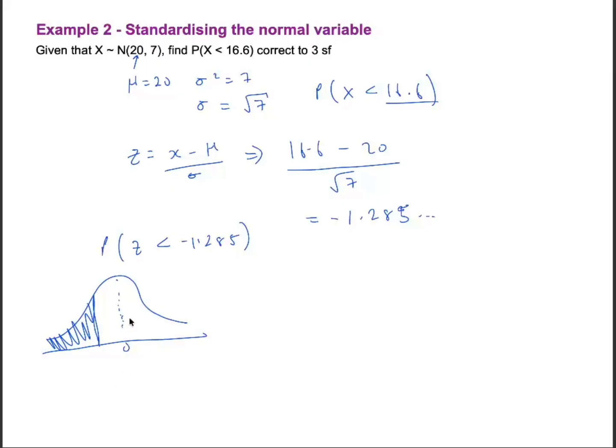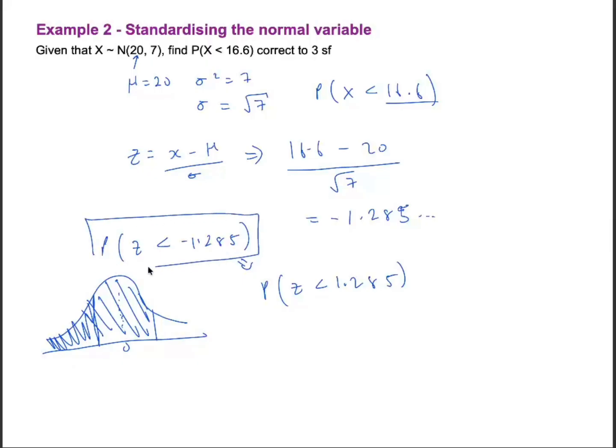So for that, what we can do is we will take the probability of z less than positive 1.285, but that will be the entire thing here. And remember, that small section, that is this probability here, will be equivalent to this small section. So we'll do 1 minus that, which will give us the probability of z being less than negative 1.285.